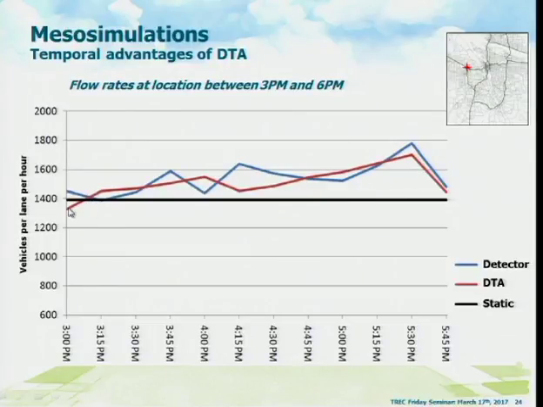And you can see it's holding steady at 1,400 vehicles per hour per lane from 3 p.m. to 6 p.m., essentially. And there's no change because you only get an average from the static model. With our DTA, this red line, you can see we're actually doing a pretty good job of matching the flows across this location. It starts out lower at 3 p.m. as we would expect, and as you move up to and through your peak period, your volumes increase.